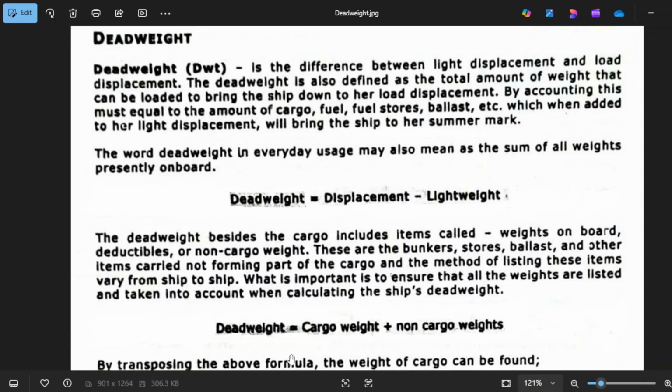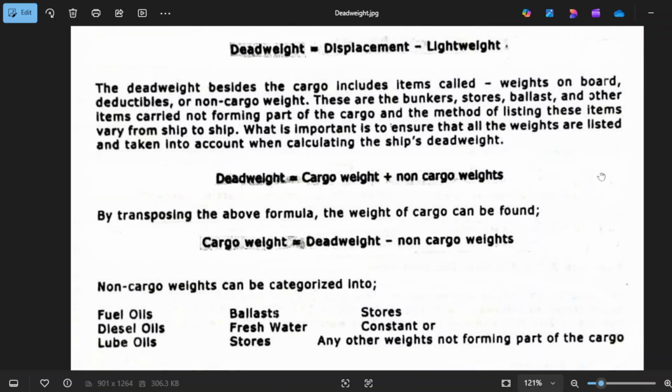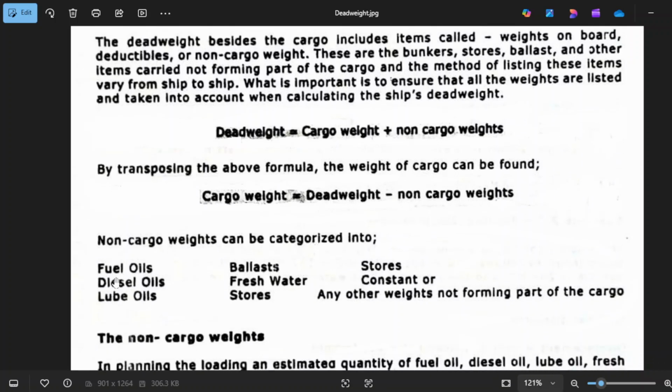So deadweight equals your cargo plus your non-cargo weights. What are the non-cargo weights? Non-cargo weights are fuel, diesel oil, lube oil, ballast, freshwater, stores, constant, or any other weights not forming part of the vessel.